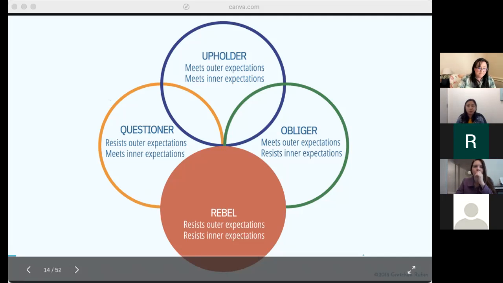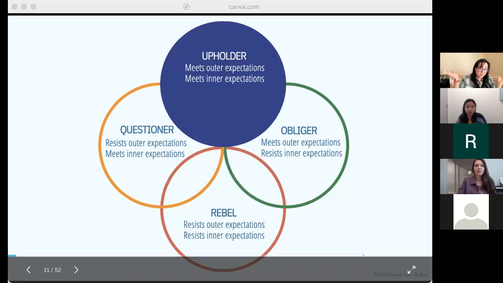So, kind of looking at our time. So the strengths, okay, we will go back. The strengths of an upholder is a person who tends to be reliable, is interested in rules and regulations. So if you know rule followers, I have one at home that is a rigid rule follower.